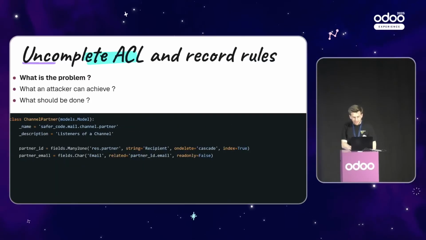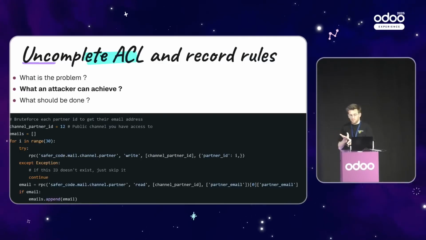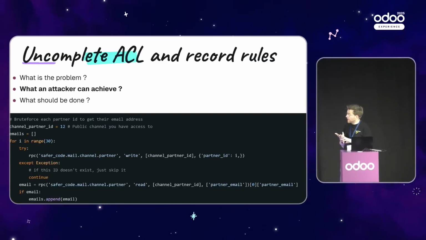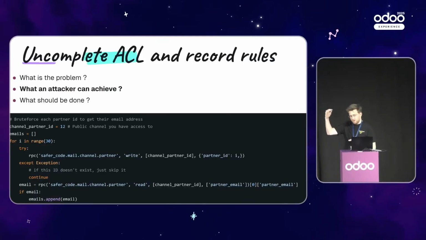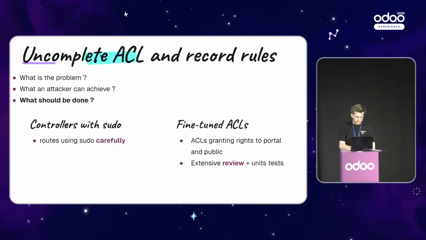If I combine the three, the access right, the record rule, and the model, it would allow an attacker to dump all the emails of your customers of your database, because the portal has access to the whole table, and then you can say, I will put partner ID 1, 2, 3, 4, 5, and then read emails one by one, and you will be able to dump all the emails of your database.